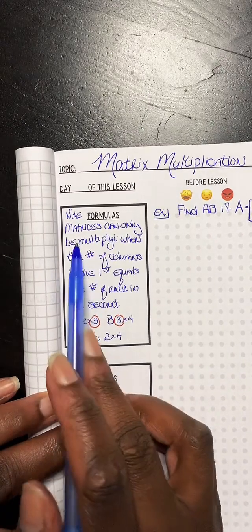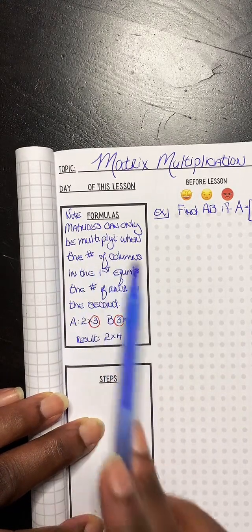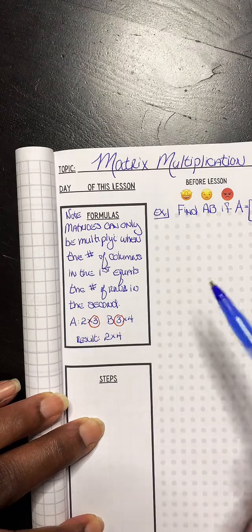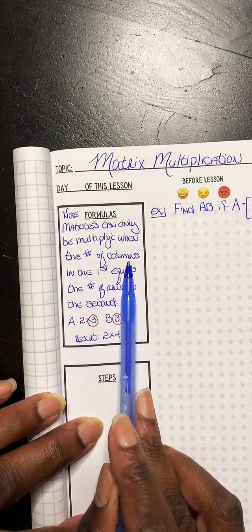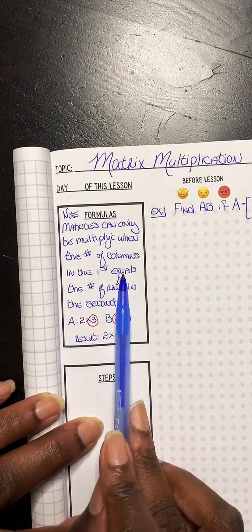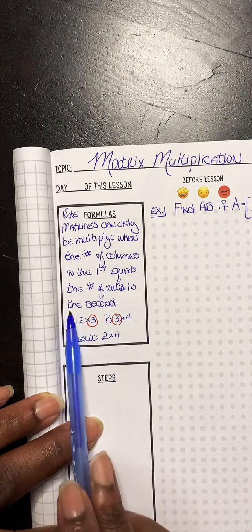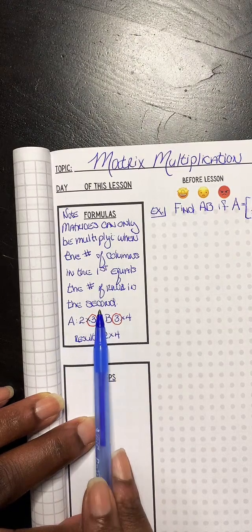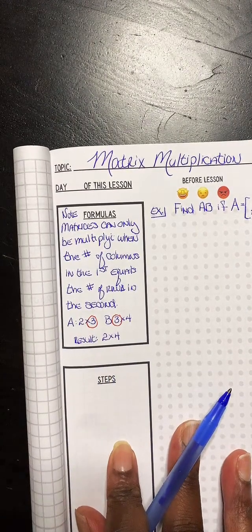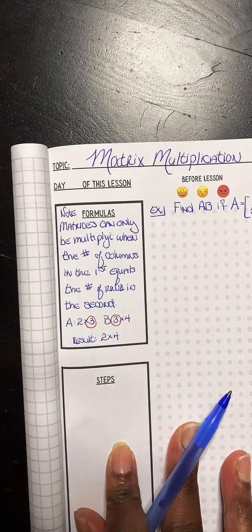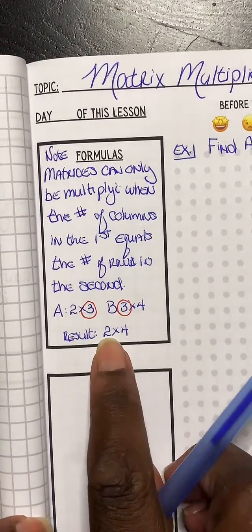The very first thing is to make sure your matrices can be multiplied. You can only multiply them when the number of columns in the first matrix equals the number of rows in the second matrix. That is key. Before you start trying to multiply and add and combine, you always want to do this first.